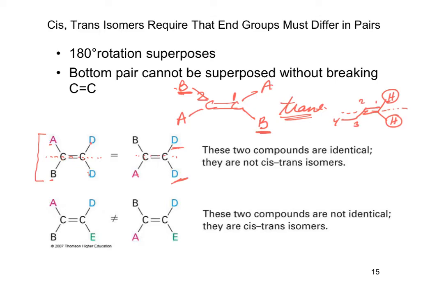So at any given point of time, this B is opposite D, this A is opposite D, so that nothing changes here, right?